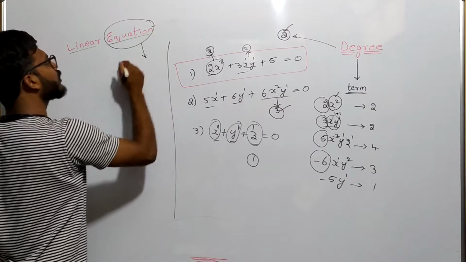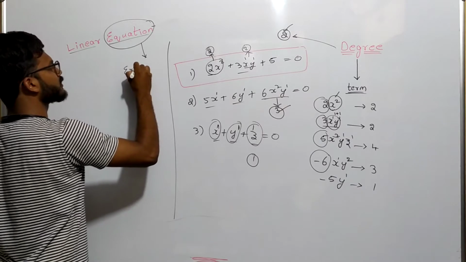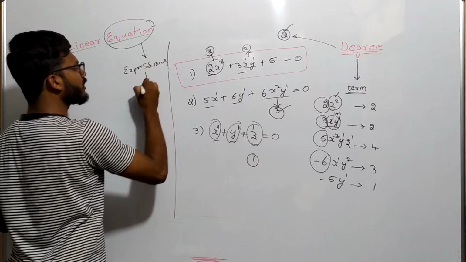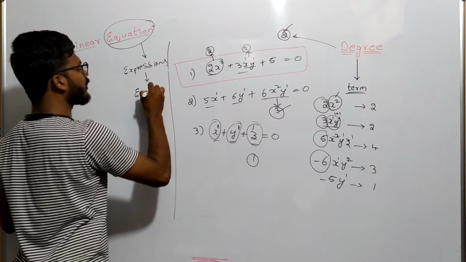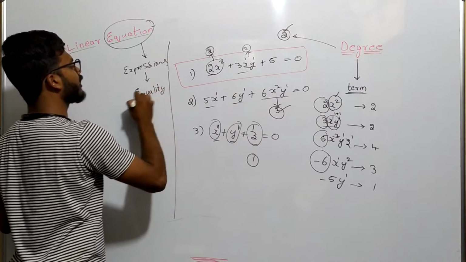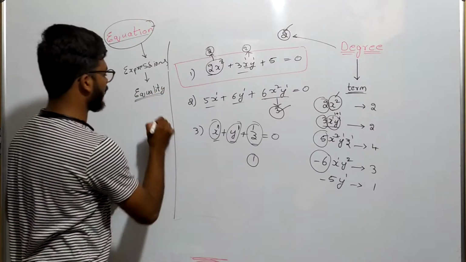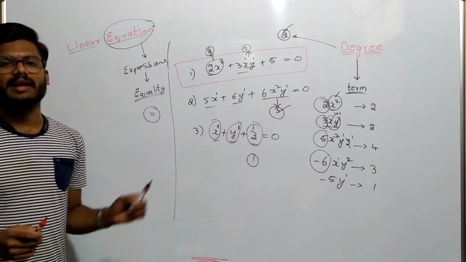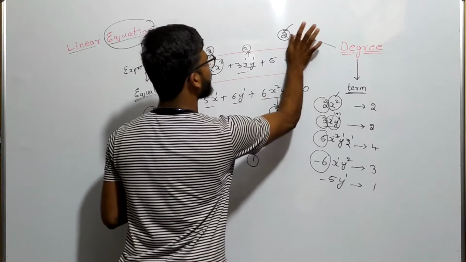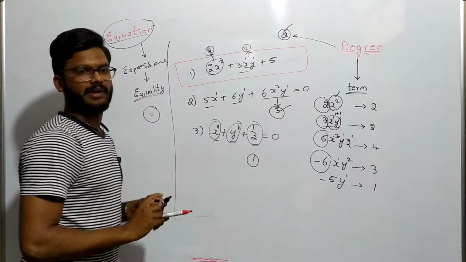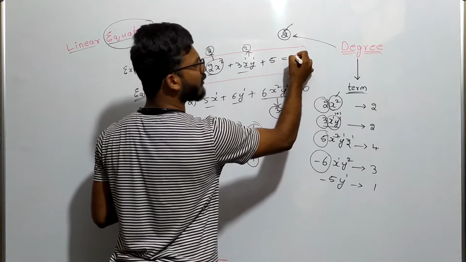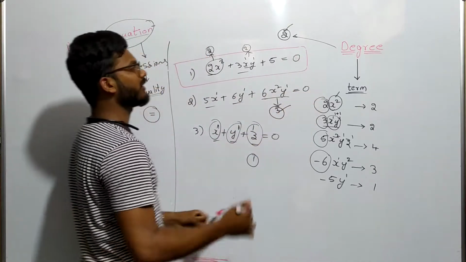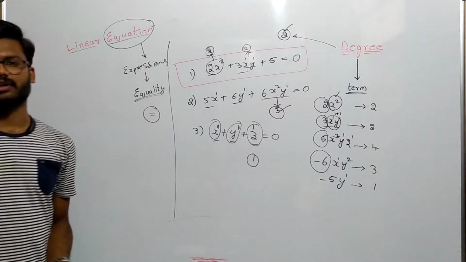Equation means two algebraic expressions including equality. If any algebraic expression has an equal to sign in it, then we can tell it is an equation. Suppose nothing is there, then this is an expression. If I write anything equal to something, 0 or equal to 5 or equal to another expression, then you can tell it as an equation like this.